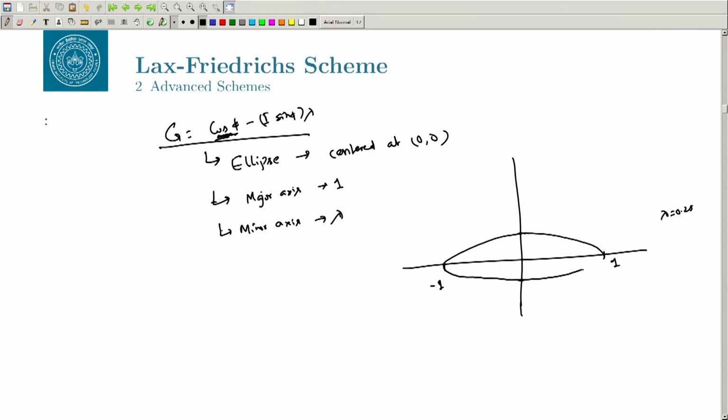If you have lambda equal to 0.5, then this is my 0.5 and 0.5, so this is another ellipse. This is 0.25, this is 0.5, and if you have the value equal to 1, then that will be a complete circle.